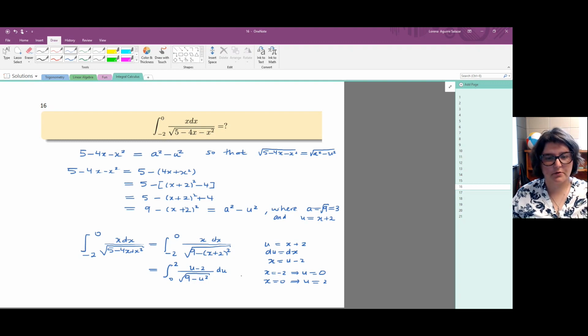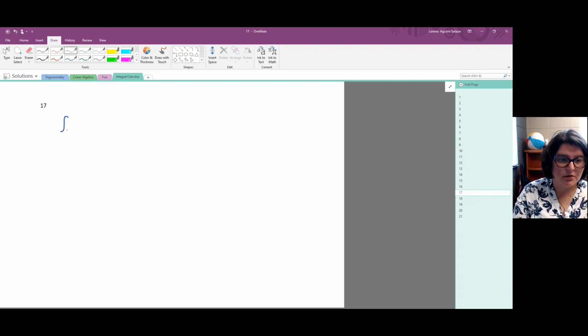Okay, so the first step we took in order to find the integral we were given is the substitution u equals x plus 2, so that we look at the integral from 0 to 2 of u minus 2 divided by the square root of 9 minus u squared du.